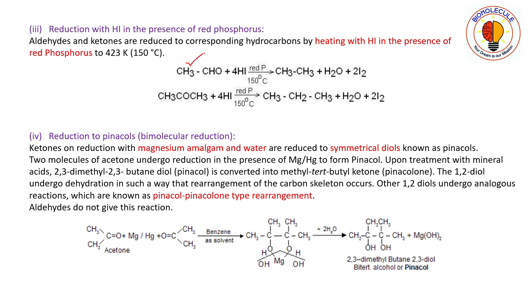So you take acetaldehyde, hydrogen iodide and red phosphorus, and you end up with the hydrocarbon, in this case ethane. Similarly, you take acetone, and under similar reaction conditions you end up with propane.